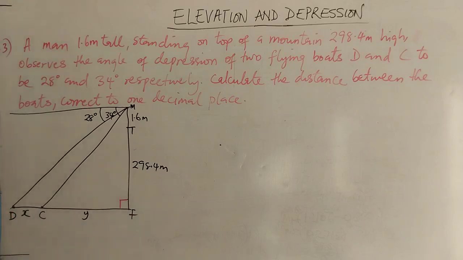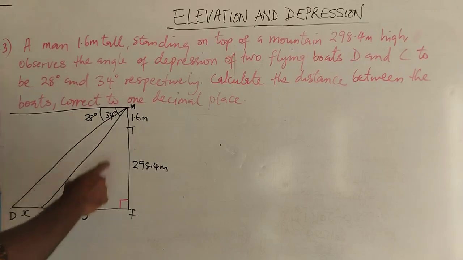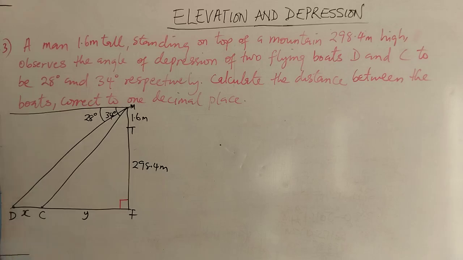This is the right angle here. The diagram is complete. The next thing is to calculate the distance between the two flying boats, D and C.